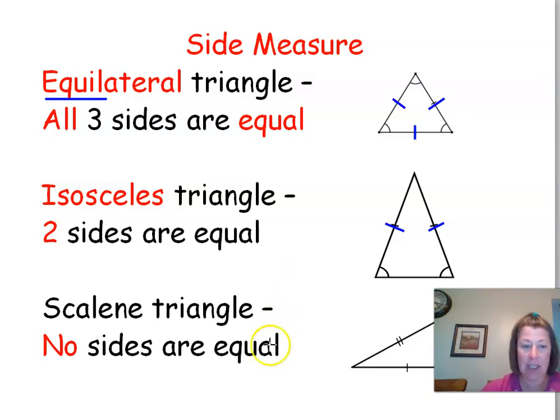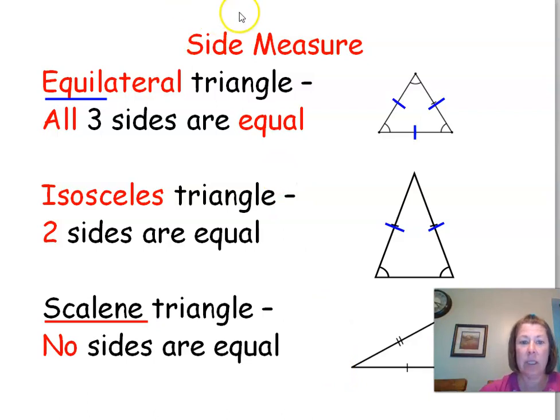The last classification based on the measurement of the sides is a scalene triangle. And in a scalene triangle, none of the sides are equal.